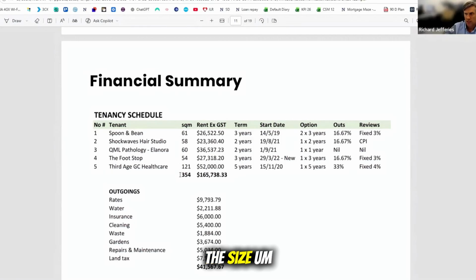The size varies, so consequently does the income and the term. And what the bank or the lender is going to calculate is the WALE, the weighted average lease expiry. What they're trying to understand is what's the average lease term in proportion to the amount of rent being paid by each tenant.